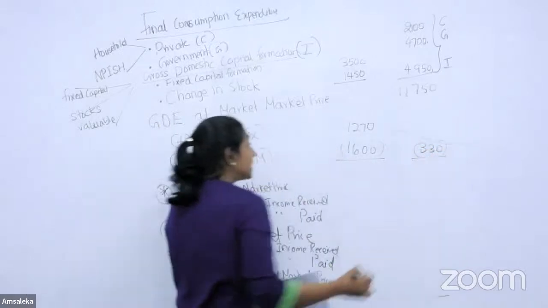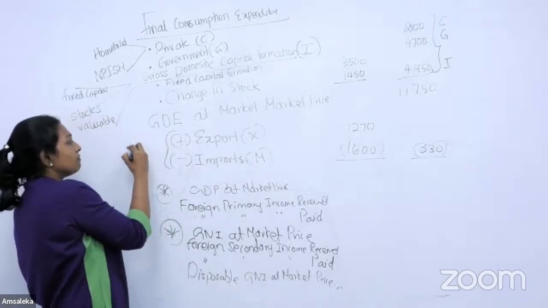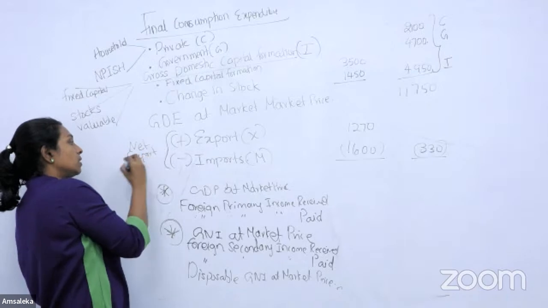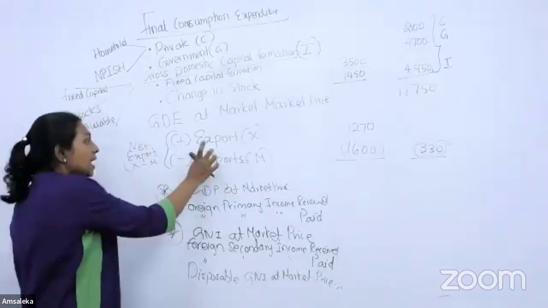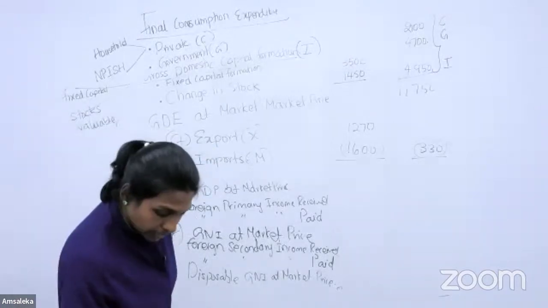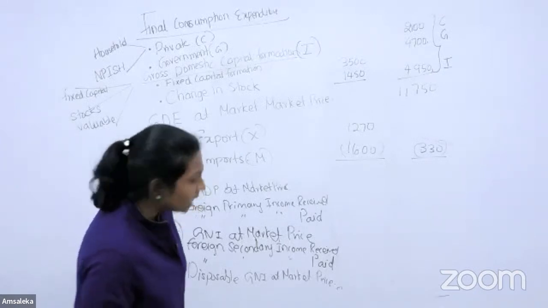Why? Net export, X minus M. I told you that when net comes, you subtract something. Net export is export minus import. Now 330 you are going to deduct from 11,750, which gives 11,420.